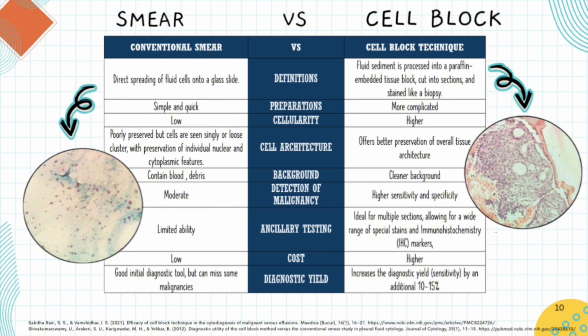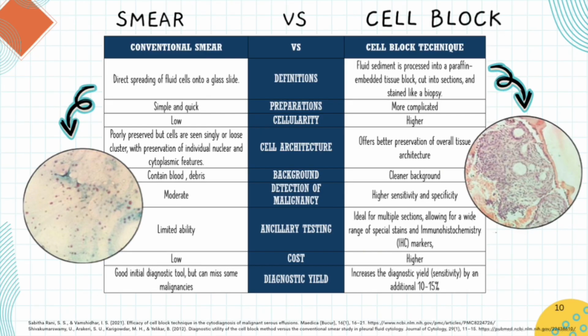Cells are usually seen singly or in loose clusters with poor preservation of overall architecture. The background may contain blood, proteinaceous material, and debris, which can obscure cellular details. As a result, conventional smears have only moderate sensitivity for detecting malignancies and limited ability for ancillary testing.